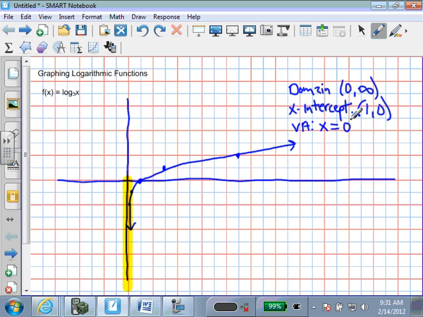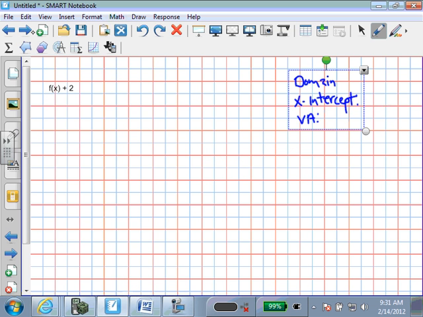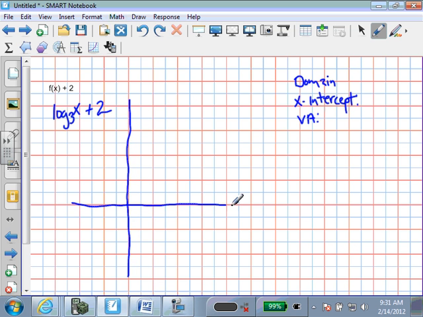Okay, so let's transform. Let's do f of x plus 2. That would be log base 3 of x plus 2. And what that's going to do is take all the points of our original graph and move them up 2.